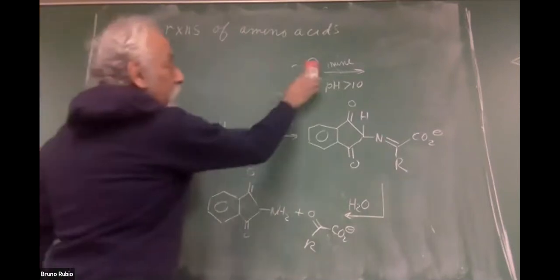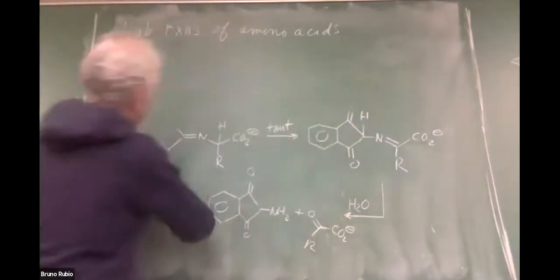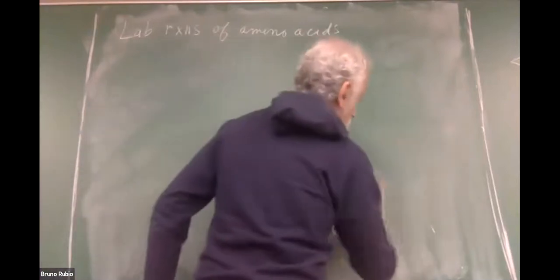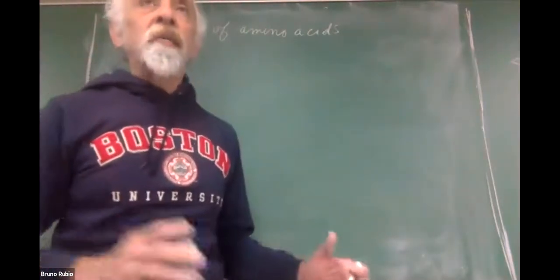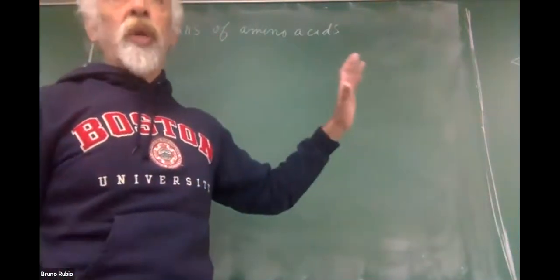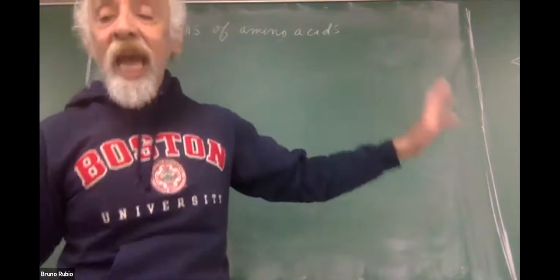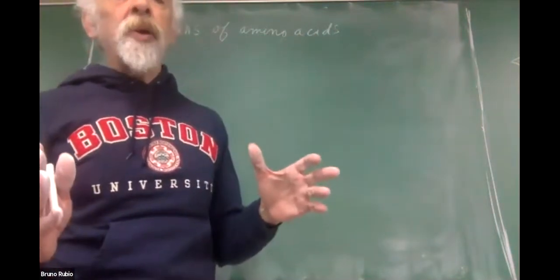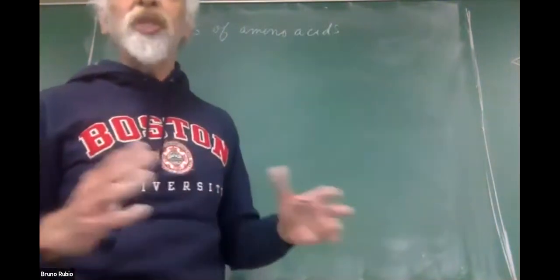More lab reactions. So those were a bunch of reactions where the amino group of the alpha amino acid was in play. Now let's look at some reactions where the carboxylic acid group is in play. And so now what would we be talking about? Acyl substitution, mostly, right?